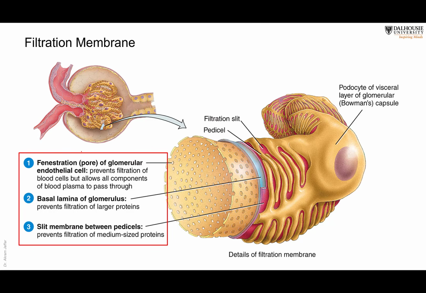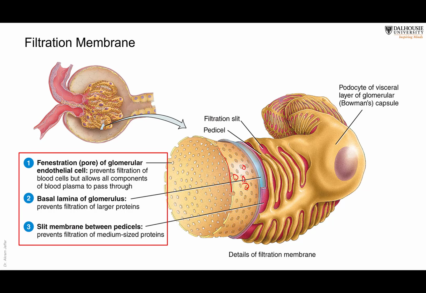This is again to show you the podocytes, and you can see here this yellow structure, which has multiple pores. Actually, it is the endothelial cells of the capillaries of the glomerulus. They are fenestrated. Remember, we have fenestrated, continuous capillaries and sinusoids.